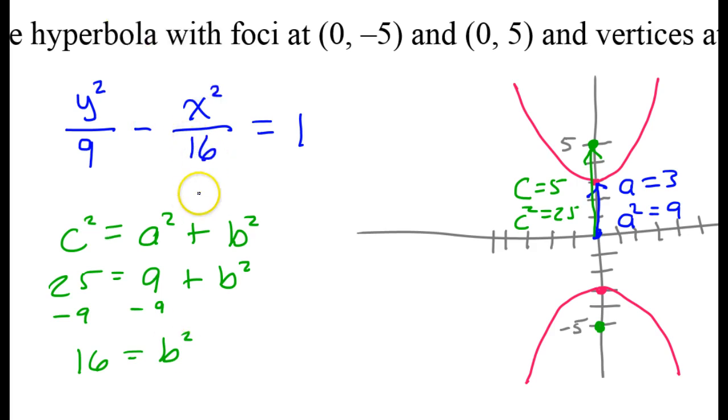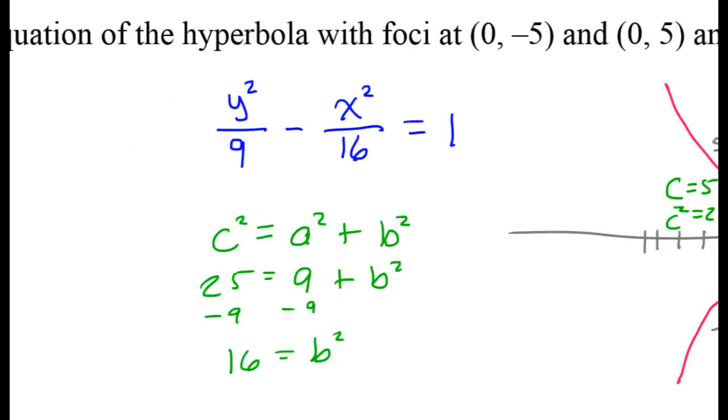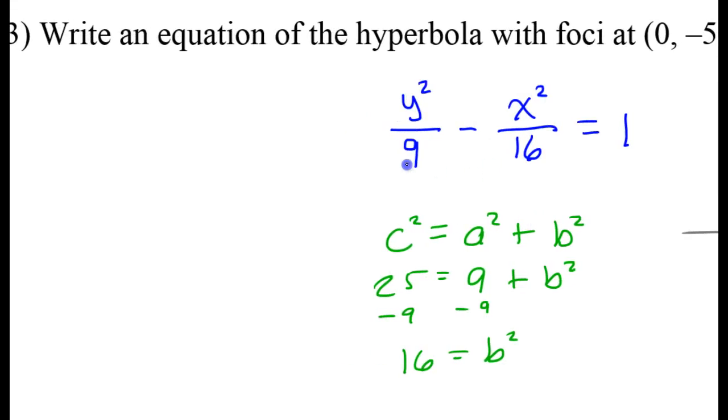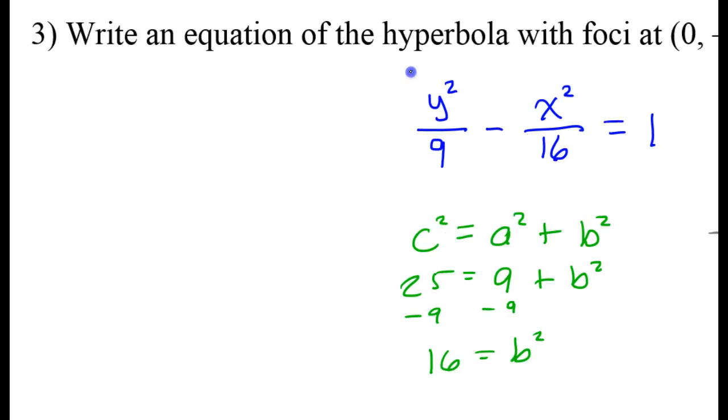So this is 16. Notice one more time that the b squared value is actually bigger than the a squared value. That's going to happen half of the time for hyperbolas. So with ellipses, the a value was always bigger than b. But that's no longer true for hyperbolas. So this is the final answer.